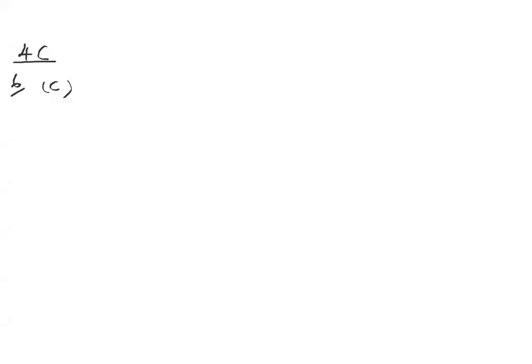6C, listen. They say calculate the following integral and give a graphical interpretation of your answer. When you say graphical interpretation, that means I will draw the straight line first.